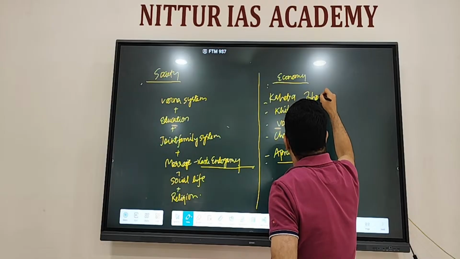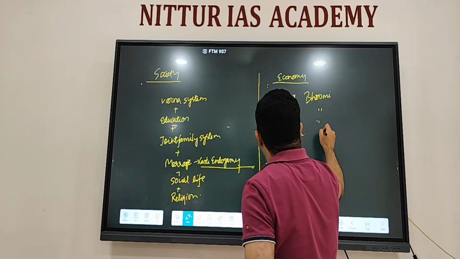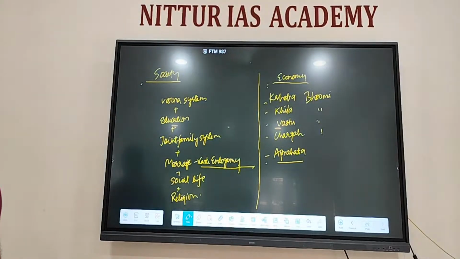First we write down Kshetra Bhumi, in bracket cultivable land. Second, Khila Bhumi, in bracket wasteland. It is Banjar land, unfertile. For example, the Indo-Gangetic plains are extremely fertile, but the Chambal Ravine area is not cultivable.